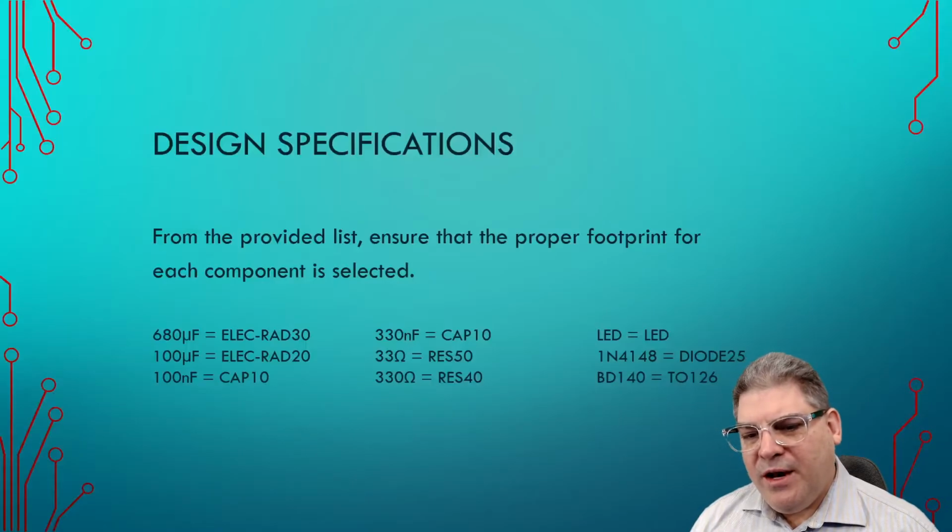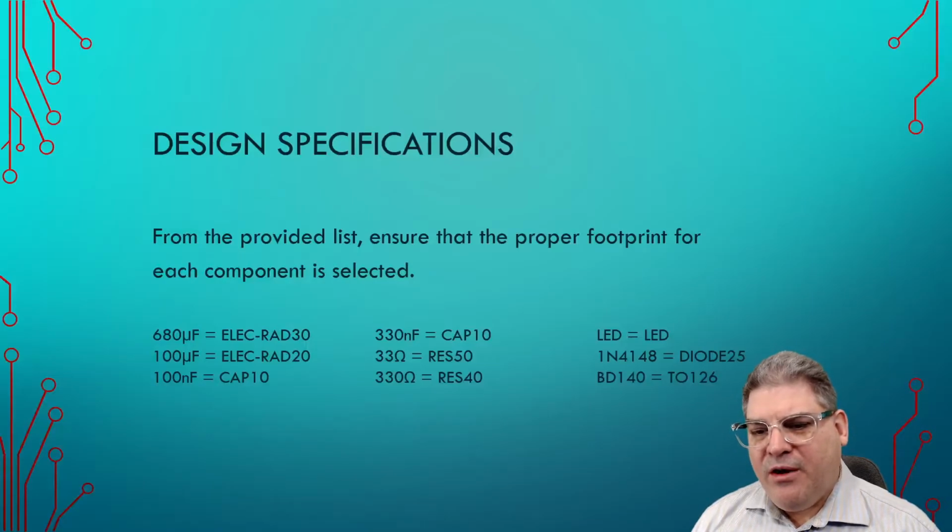The 100 nanofarad to cap 10. The same with the 330 nanofarad. The 33 and the 330 microfarad capacitor or resistor, notice they are different. So I want a res 50 for the current shunt resistor and a res 40 for the LED resistor.